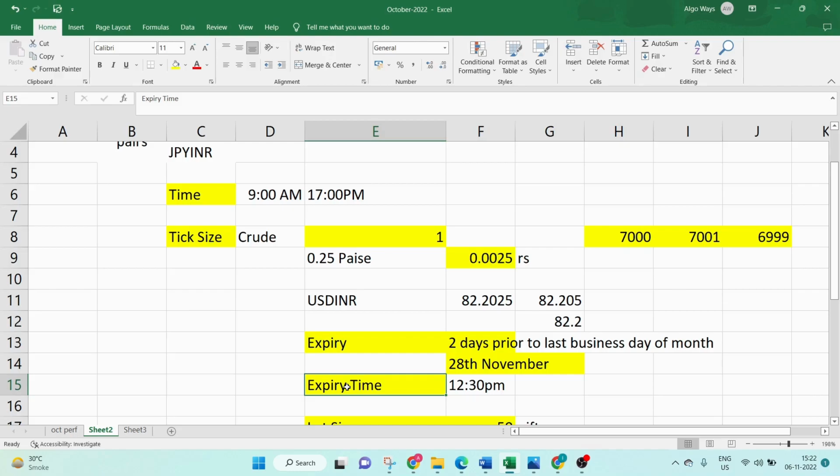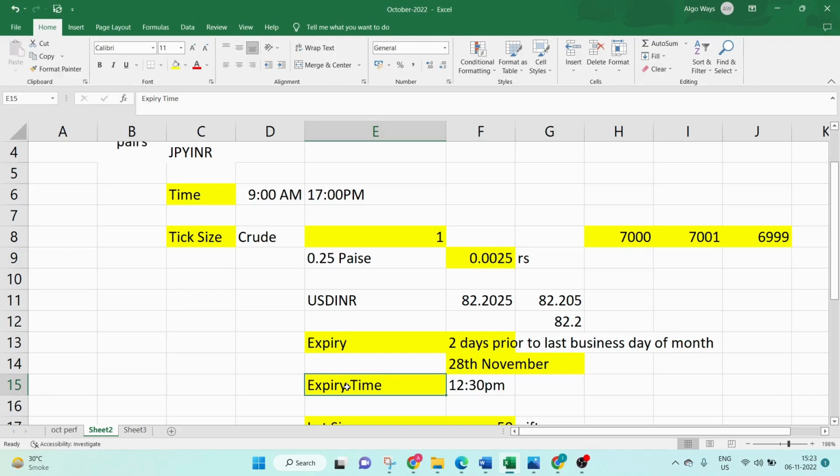Then if we have not exited before 12:30, the current month prices will stop changing because the contract has matured. So the prices will be settled and there will be no more trading. Since your position is not exited, there is no damage as such in terms of PNL, but your margin will stay blocked till the end of the day.